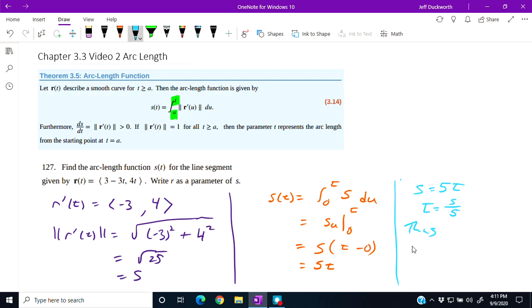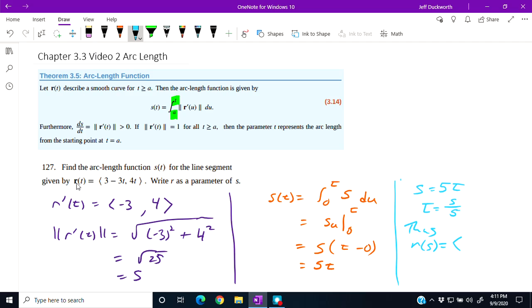Thus, r of s is, we're going to plug in wherever we see a t in our original function there.